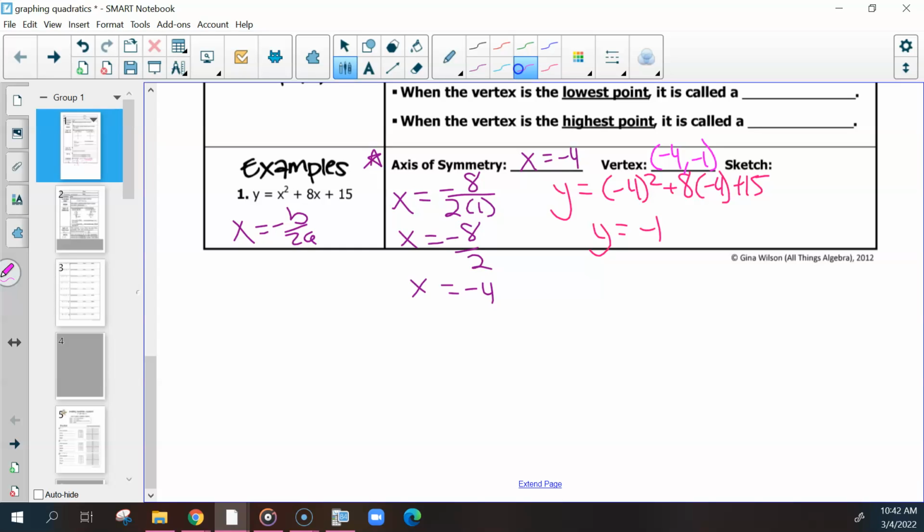And then we're going to draw a rough sketch. So draw in your x and y axis. Again, this is a rough sketch. It does not have to be perfect. Then we're going to draw in our line, our axis of symmetry. So it's going to be a vertical line when x is negative 4. I'm going to make this a dashed line.